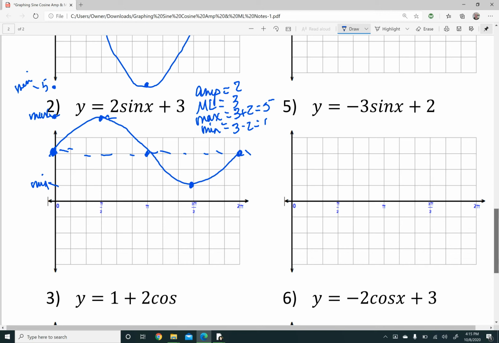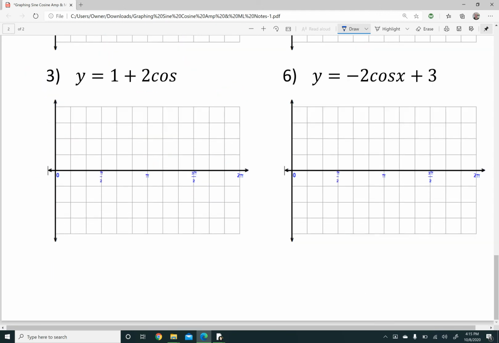Okay. Number 3 down here. So here's my, that should say cosine x, excuse me. So my amplitude is 2. My midline is 1. My max is 1 plus 2, which is 3. And my min is 1 minus 2, which is negative 1.